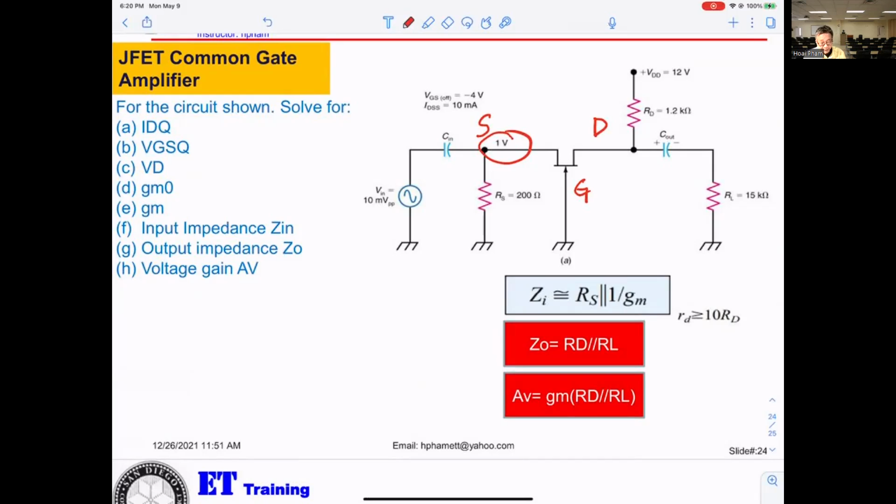If you want to calculate the output impedance, now it could be RD parallel with RL. Okay. And if you want to calculate the gain, then it will be GM times the output impedance. That means times RD parallel with RL. And finally, you want to calculate the gain and the V out. V out will be equal to V in times the gain.